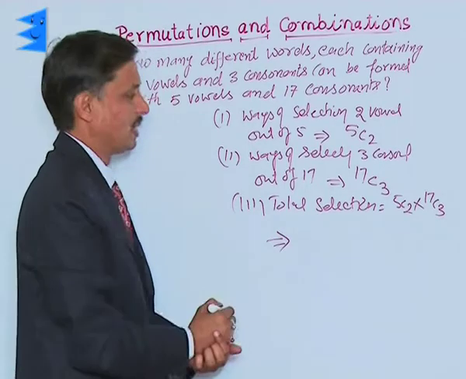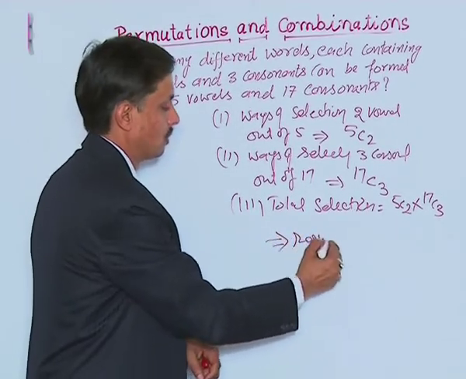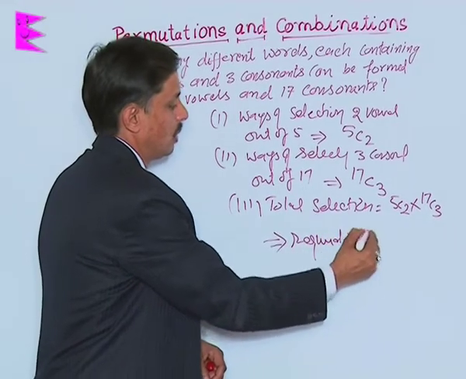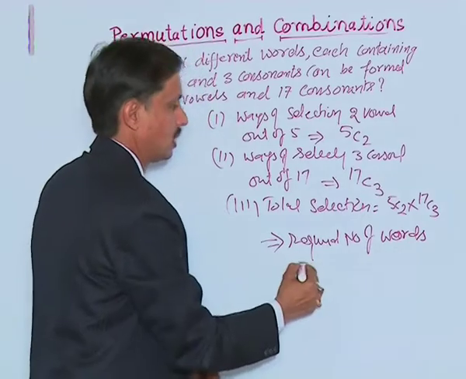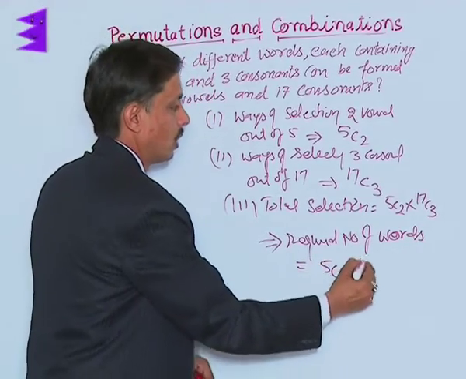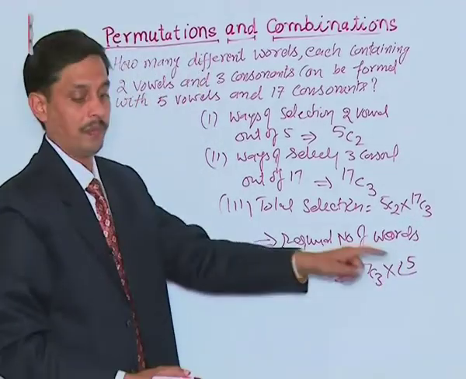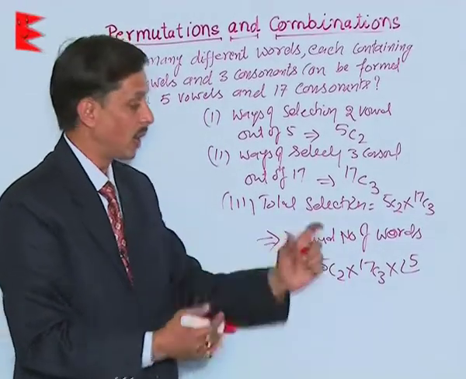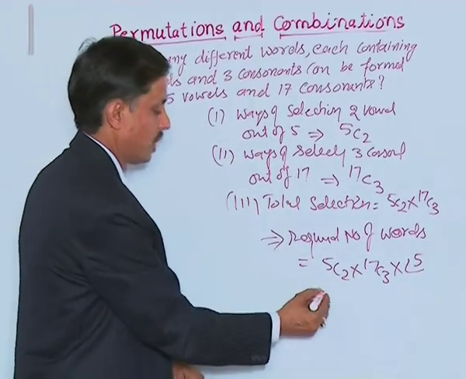So the required number of words is 5C2 into 17C3 into factorial 5, because these 5 letters can again be arranged in factorial 5 ways.